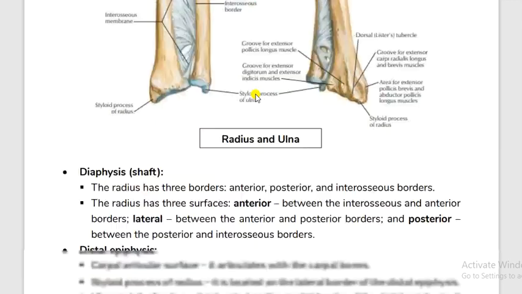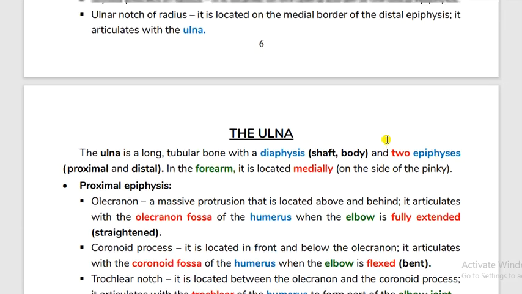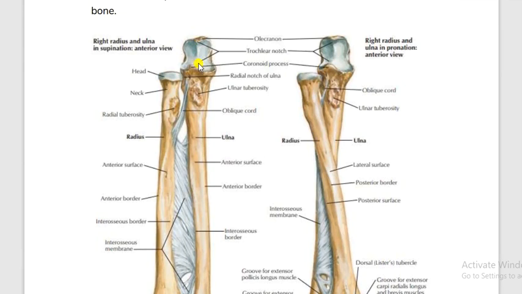Now, the next is the coronoid process. It is located in front and below the olecranon. It articulates with the coronoid fossa of the humerus when the elbow is flexed, that is bent. This is the coronoid process here, located anterior to, in front of, the olecranon.